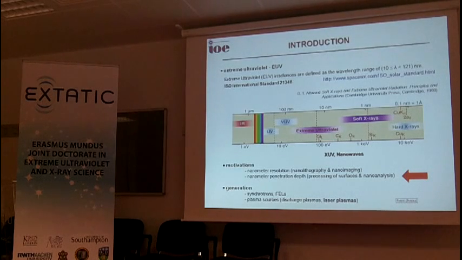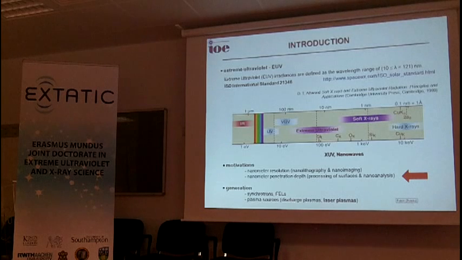What is the motivation for using EUV for nanotechnology? One motivation is nanometer resolution, which can be used in nanolithography and nanometrology, as was mentioned by a few speakers. But I would like to point your attention to another characteristic feature, that is penetration depth. EUV light is a penetrating radiation. It penetrates every material.